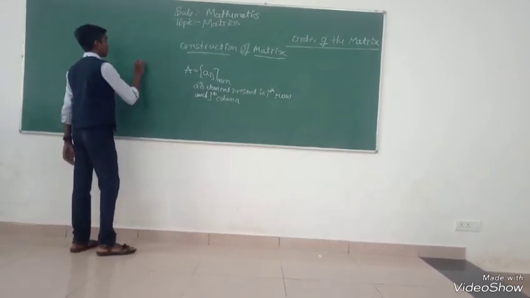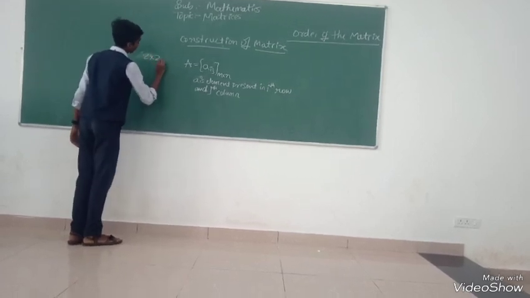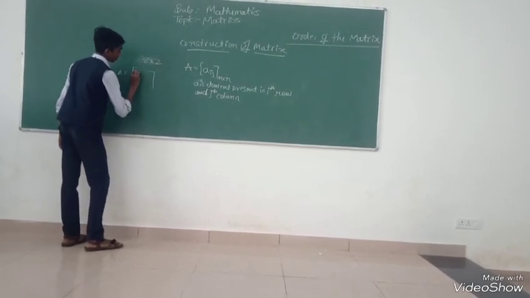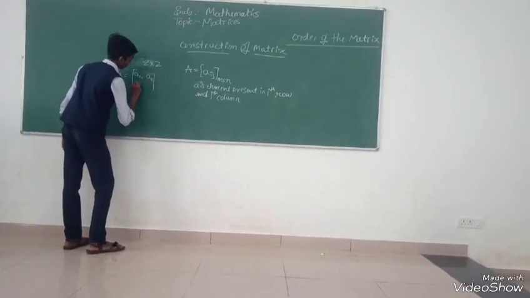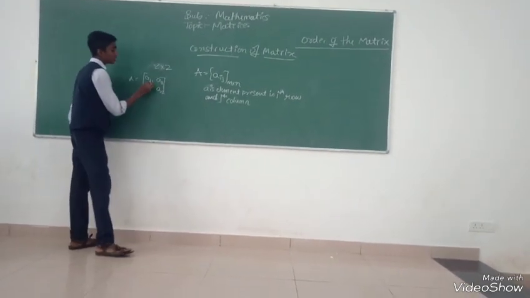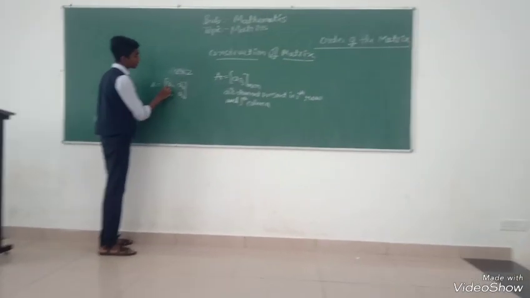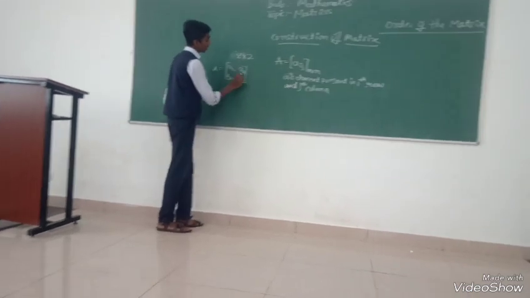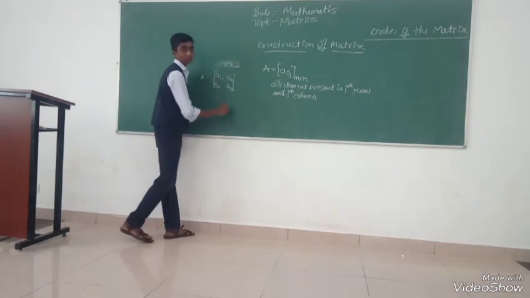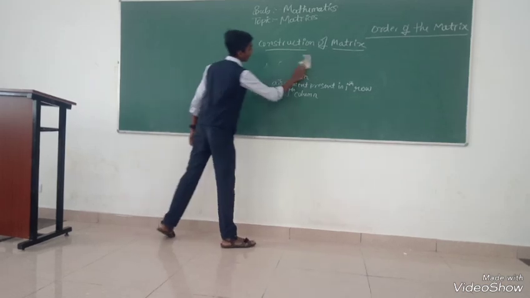For example, in a 3 into 3 matrix or 2 into 2 matrix, it is i and j. a11 means the element is present at the first row and first column. a12 means the element is present in the first row and second column. Like this, the matrix elements are represented inside the square brackets.